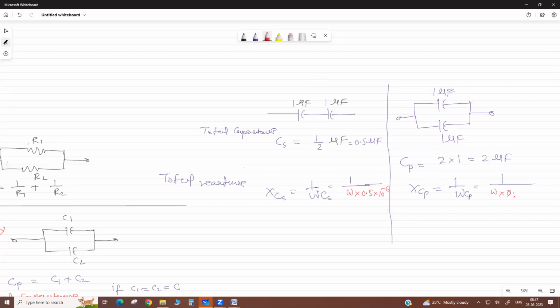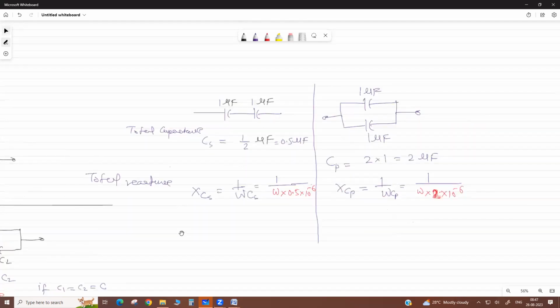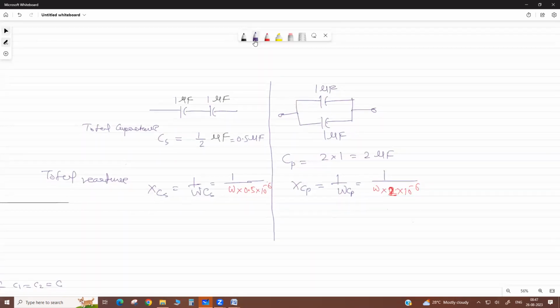It is 2 into 10 raised to power minus. So tell me, which is greater? Omega is same for both. This is less, because it is divided by 2. Okay, this is high.